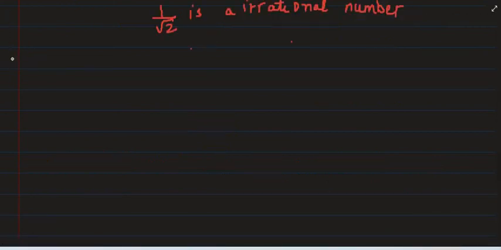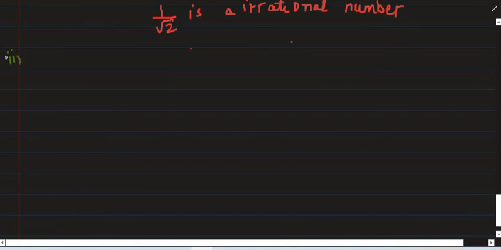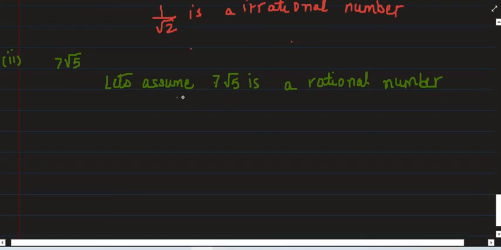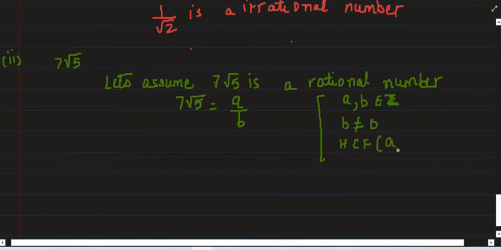Now we will do the second part of the third question. Here the given number is 7 square root of 5. So again, assuming that 7 square root of 5 is a rational number, we can write this number in the form of a by b, where a and b belong to integers, b is not equal to 0, and HCF of these two numbers, that is a and b, is equal to 1.